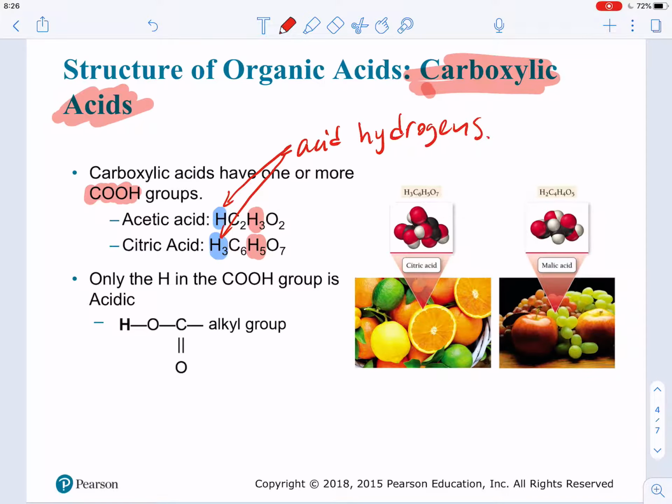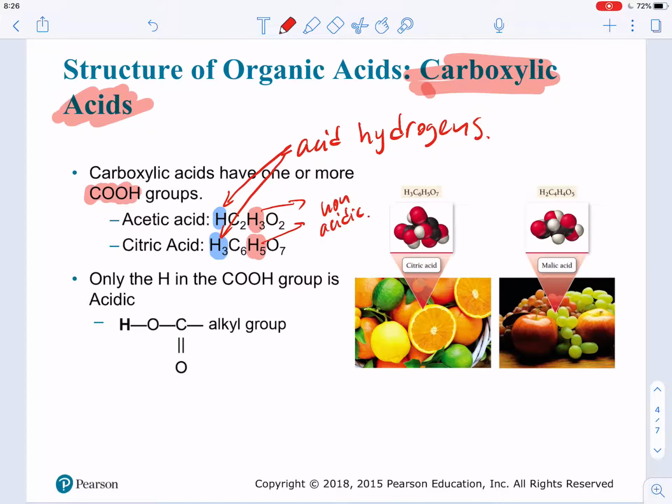So in a way, as we're going to see with definitions later, the acidic hydrogen is what makes an acid an acid. So this over here, these are non-acidic.